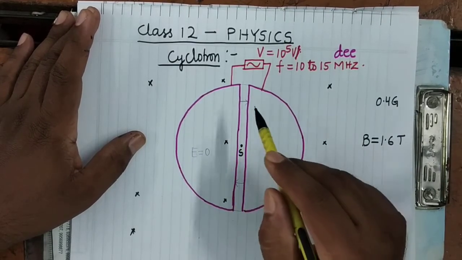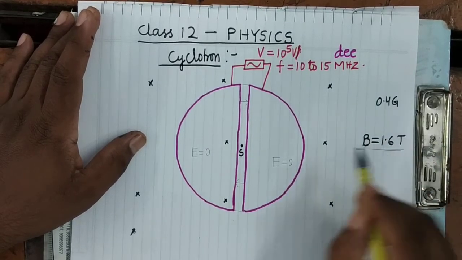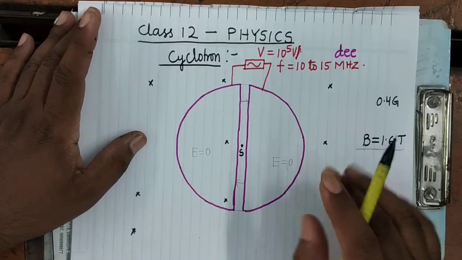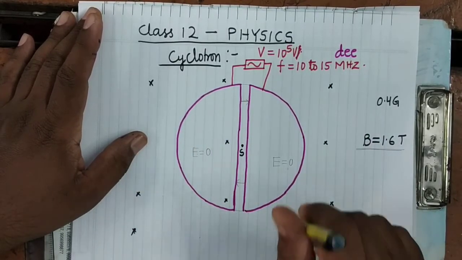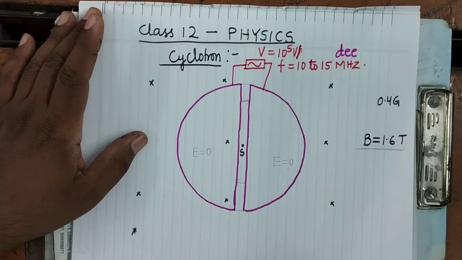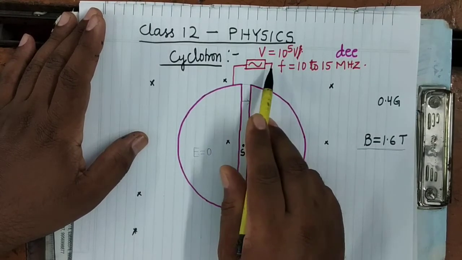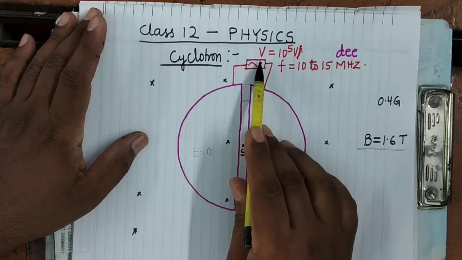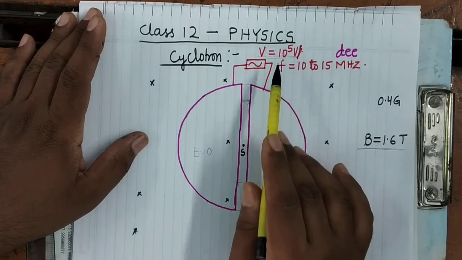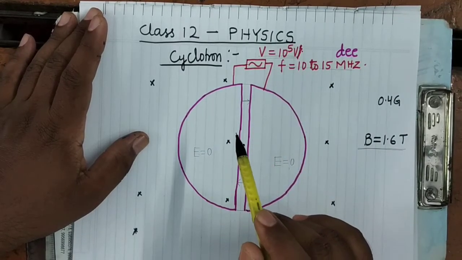There is a uniform magnetic field perpendicular to the plane of the dishes. Means if the dishes are on the plane of paper, then the magnetic field is perpendicular to the plane of paper. Both dishes are connected to an alternating source of electric field, whose voltage is 10 to the power 5 volt and frequency 10 to 15 megahertz.